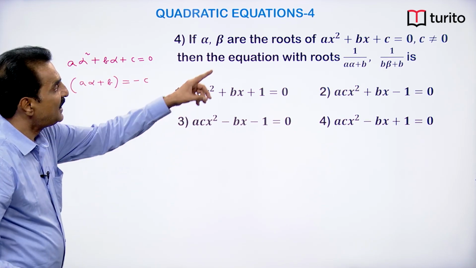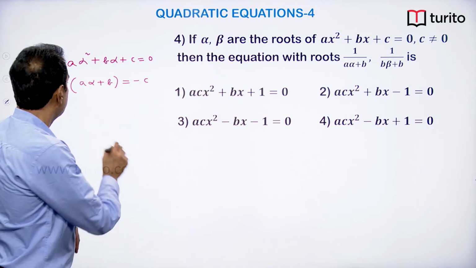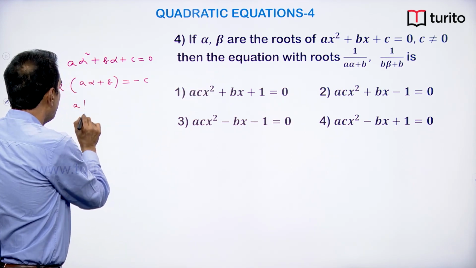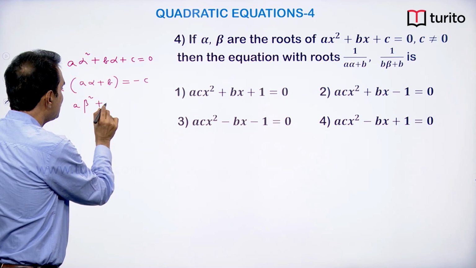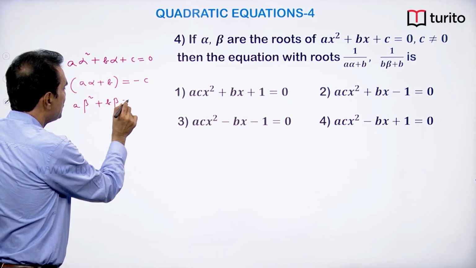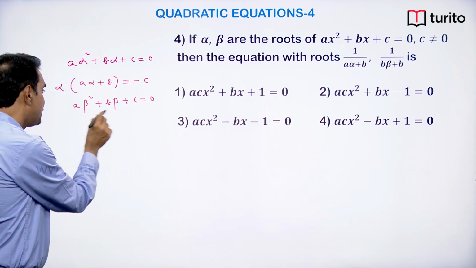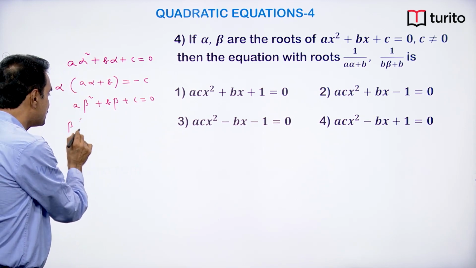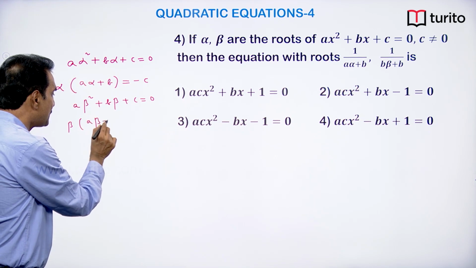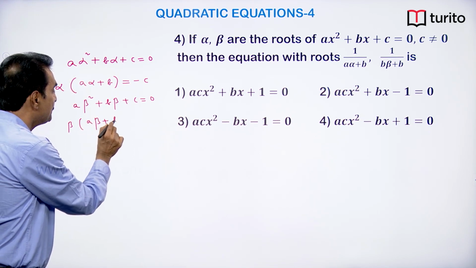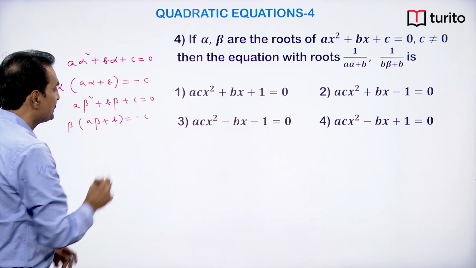Similarly, beta also satisfies the given equation, no? So, substituting beta, a beta square plus b beta plus c is equal to 0, and taking beta common from the first two terms, beta into (a beta plus b) is equal to minus c.